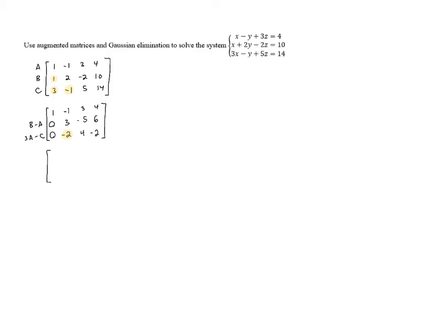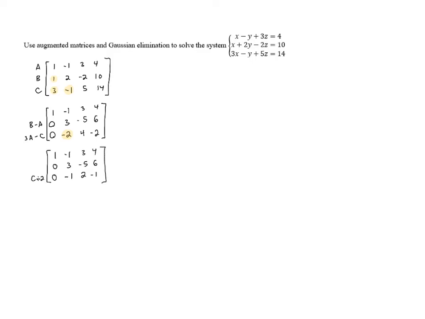So we're going to take row C and divide it by 2. This leaves the first 2 rows unchanged, so we just copy the entries down below. And then the third row, when we divide by 2, becomes 0, -1, 2, and -1.